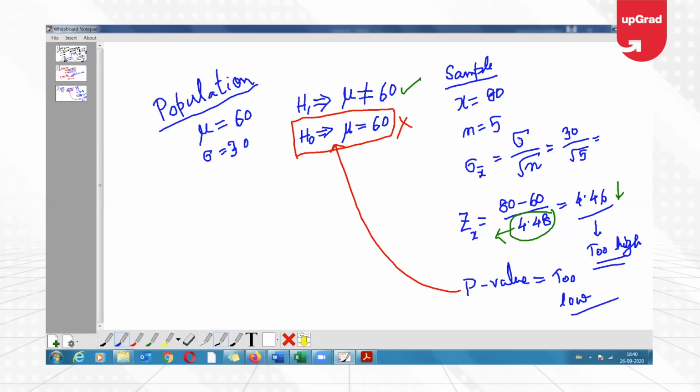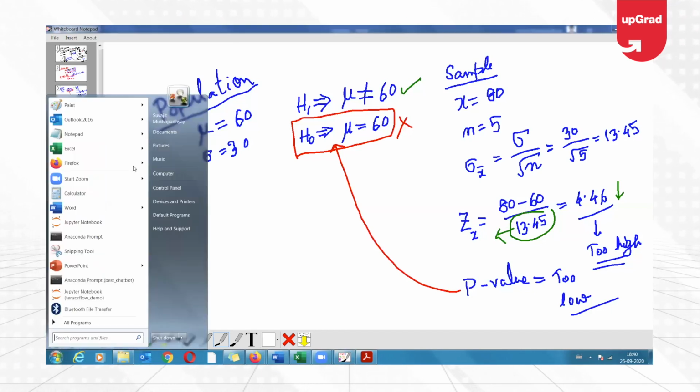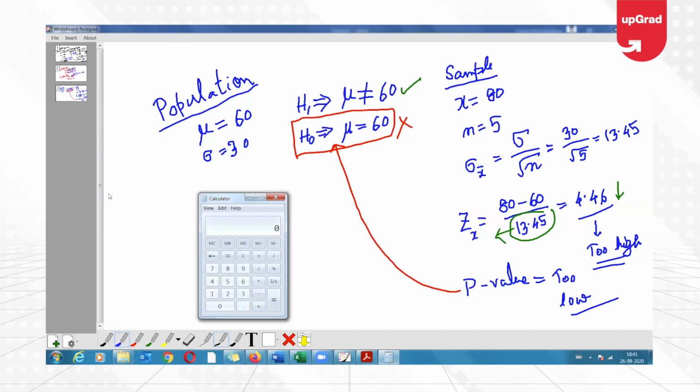So this part will be 13.45, which means 20 divided by 13.45. That is 1.48.